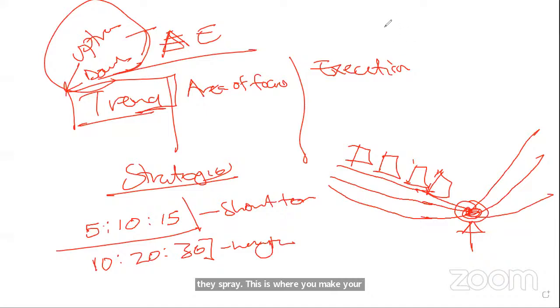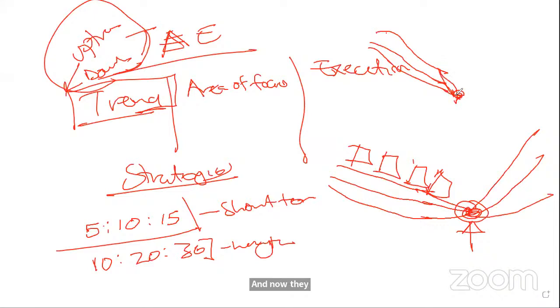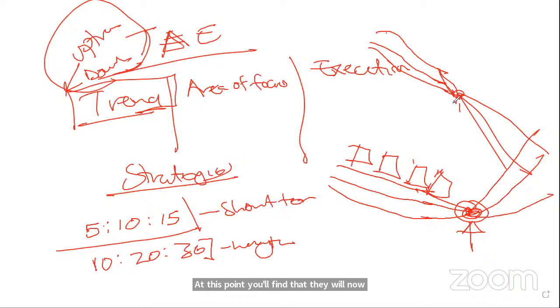Okay? And even if they are moving above the candles, and now they meet at this point, you'll find that they will now spread going down and the market will dip so much. And here, if you are in that coin, things have changed and you are going to get concentrated floating loss.